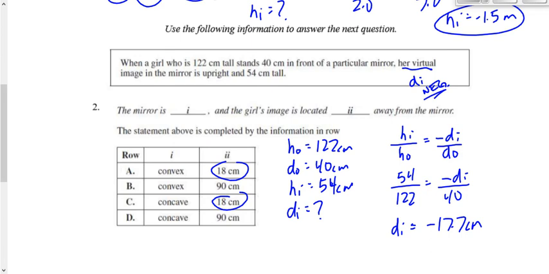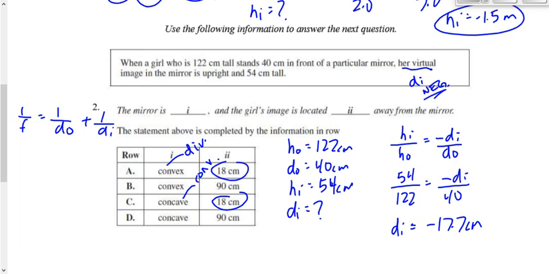Now, how do we know whether it's convex or concave? How do we know whether it's diverging or converging? Two ways. Anybody come up with one of those two ways? Someone's got to have something here. Good. We can find the value of F. 1 over F is equal to 1 over DO plus 1 over DI.